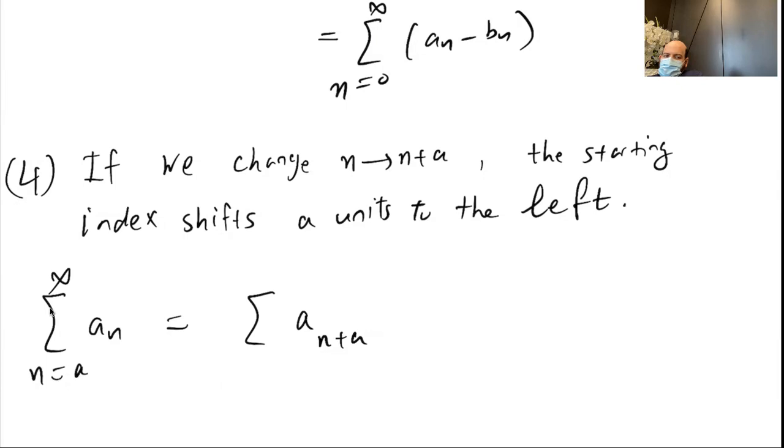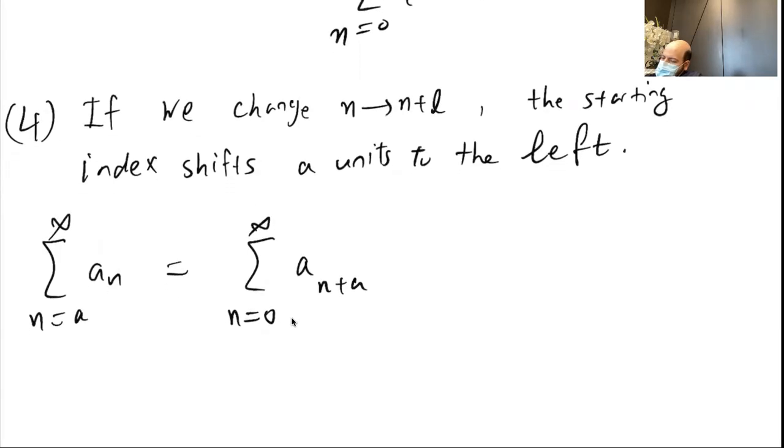So instead of a to infinity, I will have 0 to infinity. This a, of course, doesn't have to be the same as this a. It's not the same as this a. I can use a different letter just to avoid confusion. So say, for example, n plus l, I can say l here.